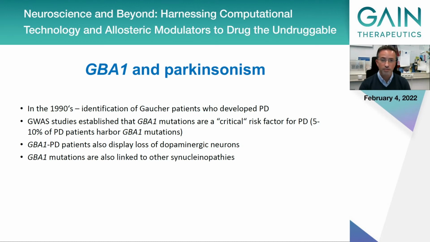There are several features in Gba mutation carriers that are in line with what is observed in Parkinson's, such as the loss of the dopaminergic neurons that produce the neurotransmitter dopamine, which is important to control movement. It's also interesting to see that these mutations are not just associated with Parkinson's, but also with other synucleinopathies, establishing a connection between this enzyme, GCase, and alpha-synuclein.